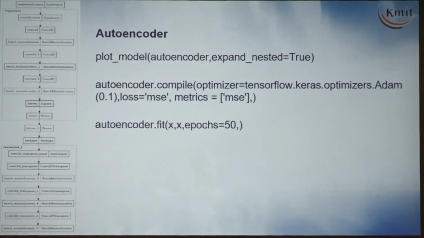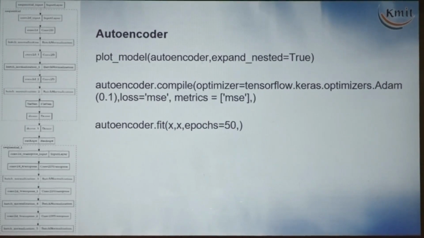And after that, fit the model. Now here you have to decide whether you want to regenerate the same image or another image. If you want to regenerate the same image, while fitting the model, x comma x: input is x, output is also x.